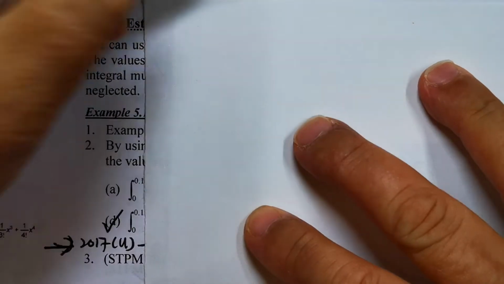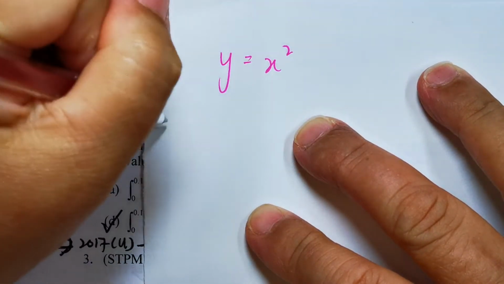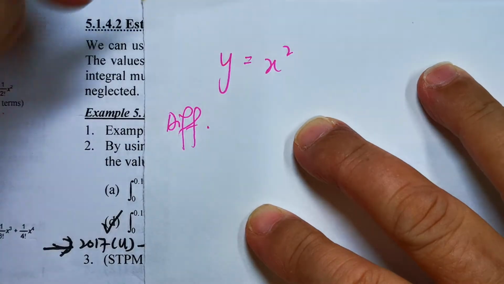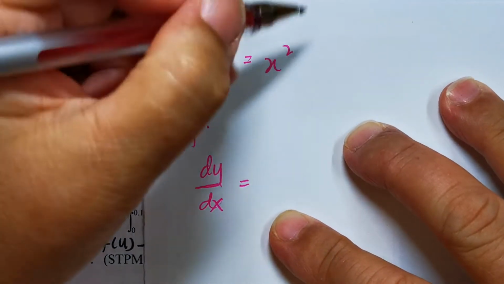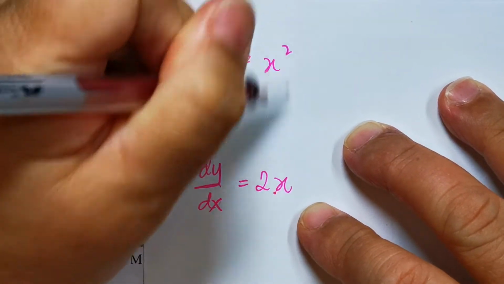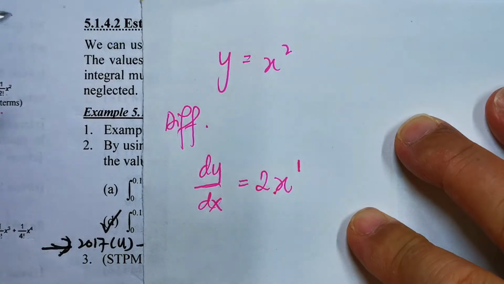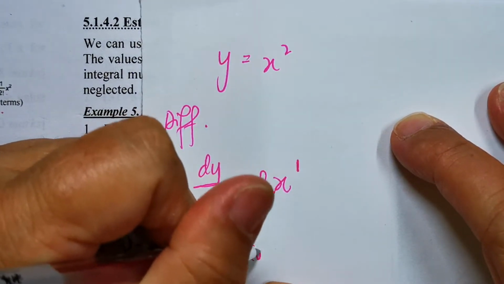we know that, let's say, if y equals x squared, differentiate, you have learned. Differentiate means dy/dx. And we know that for differentiation, the index we put in front, copy the base, then index minus 1. How about integration? I hope you still remember.